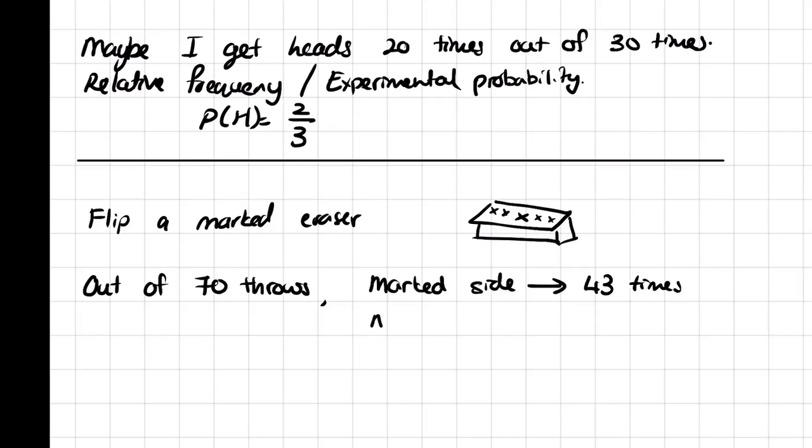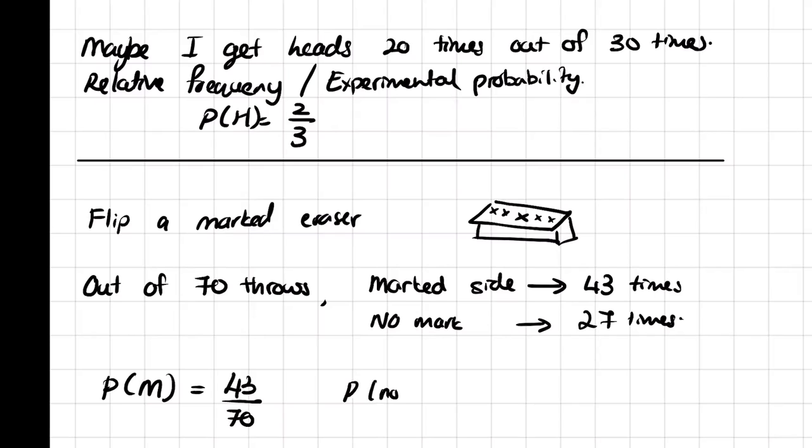So no mark will be 27 times. So what are the probabilities again? Probability for it to be marked is 43/70, and then probability for the not marked side will be 27/70. So that is how we use relative frequency.